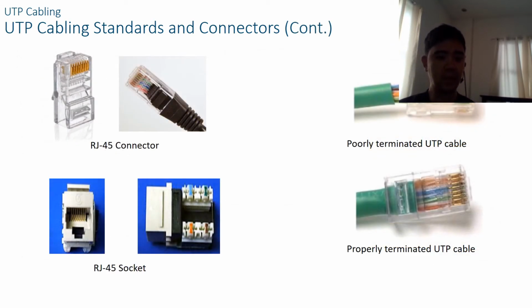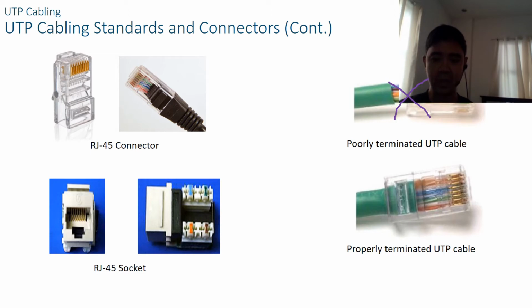Again, these are the connectors we have. When we work on the termination of twisted pair, when we do the straight-through and crossover, we will observe the proper ways of terminating the twisted pair cable to the RJ45. This is not good: those wires should not be exposed.